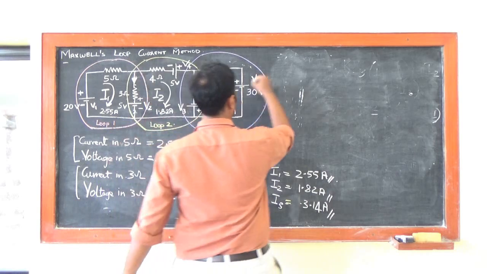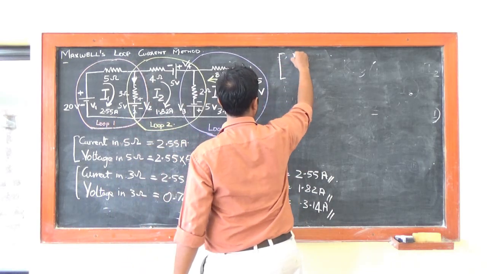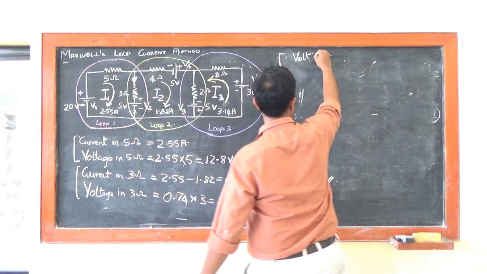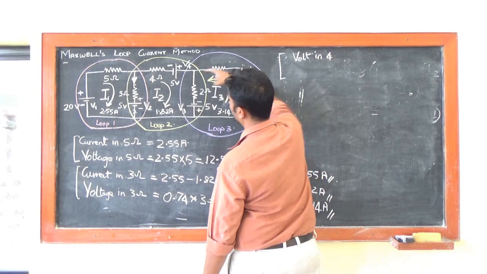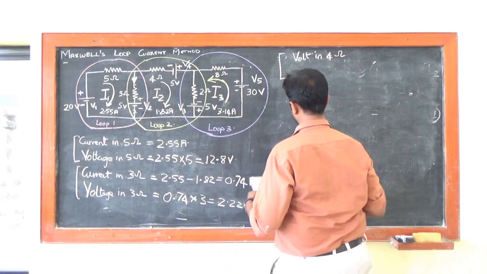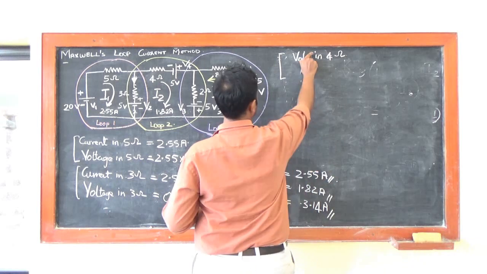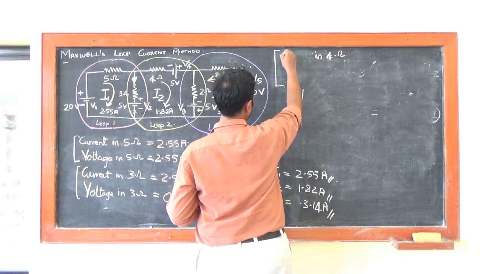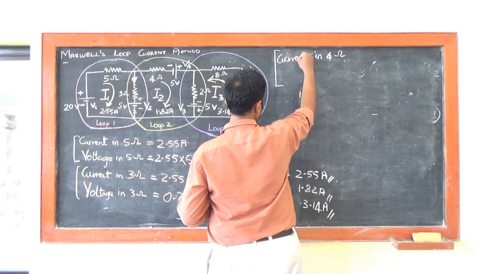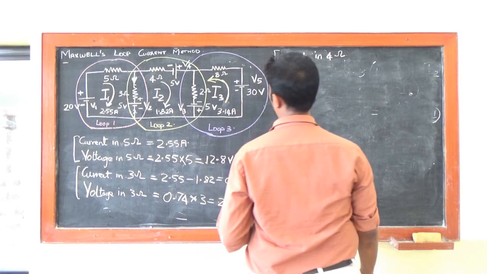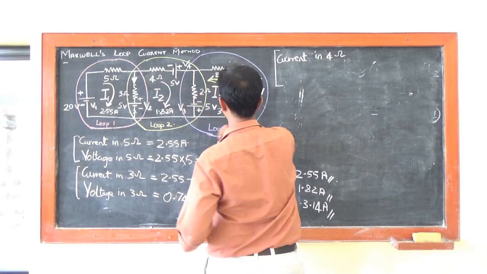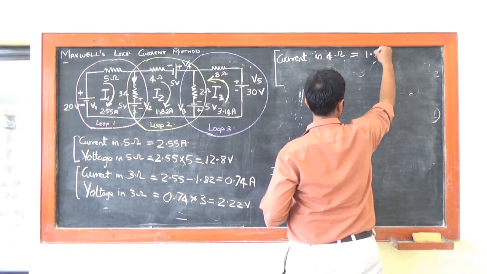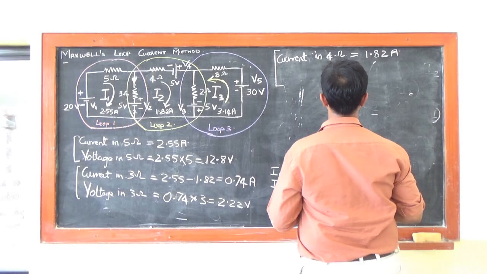So now we find the voltage in the 4 ohms resistor. I'll just write it in short form. We start off with the current. The current in the 4 ohms resistor will be equal to I2, and I2 equals 1.82 amps.